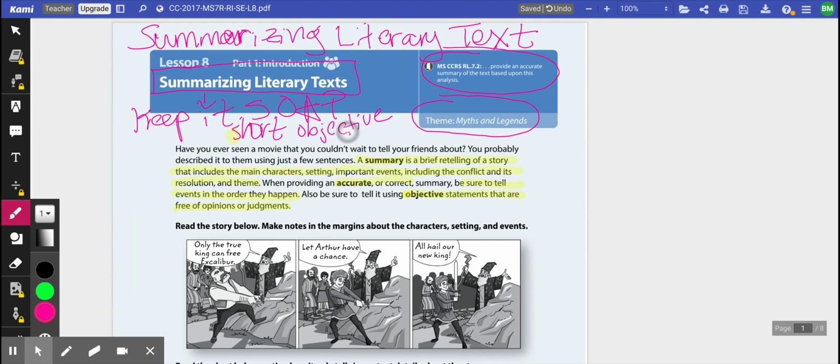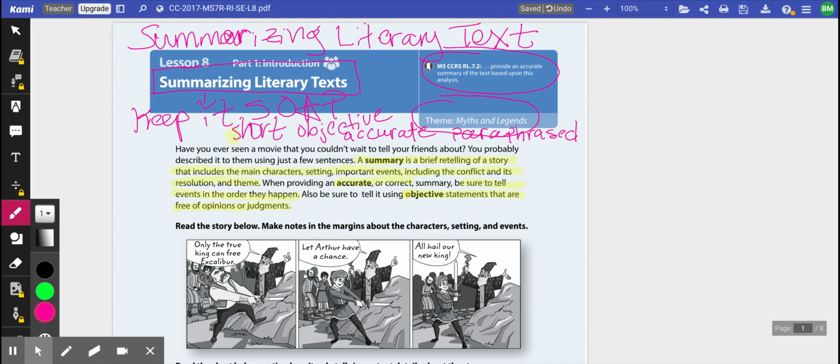The A is accurate. And the P is paraphrased, which means to put it in your own words. So we're keeping it clean with short, objective, accurate, and paraphrased.